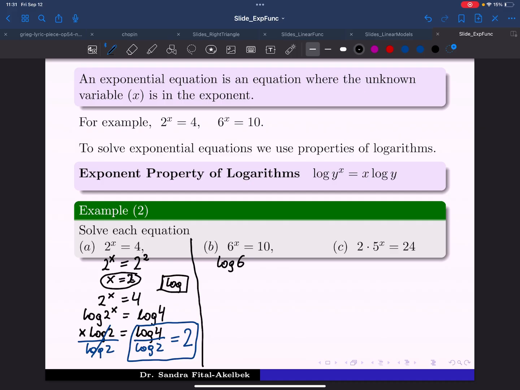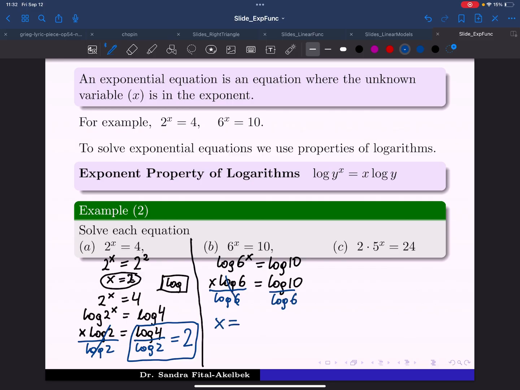So log 6 to the x is equal to log of 10. Then by the property of logarithms, the exponent can go in front. So we're going to have x log 6 is equal to log 10. And as before, to isolate x, we divide by log 6. Log 6 is cancelled out.